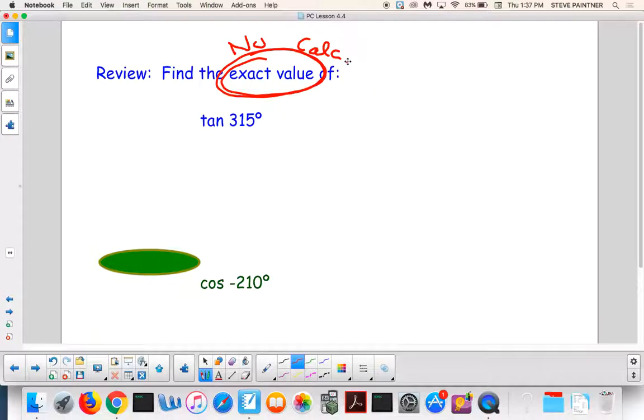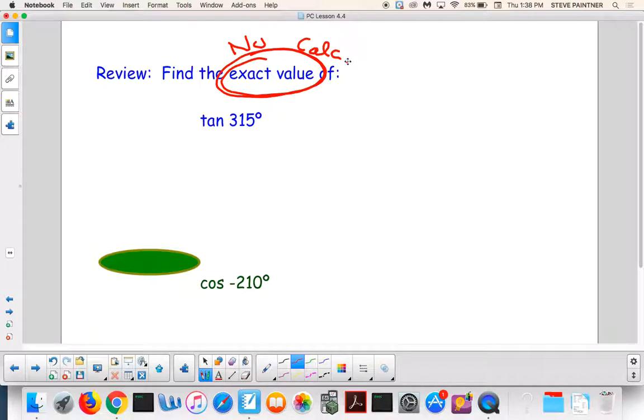If you have it, just point. First draw 315 degrees. Where are you in your quadrants? You guys know this?